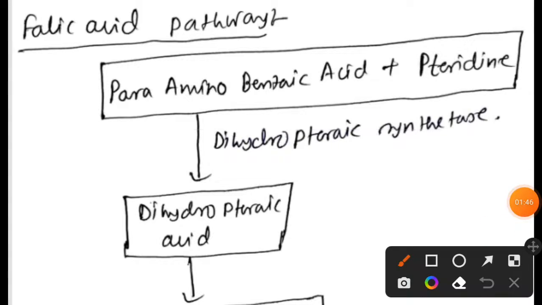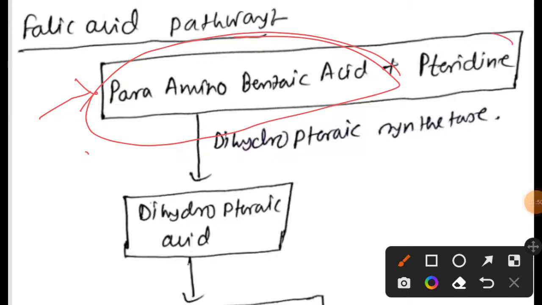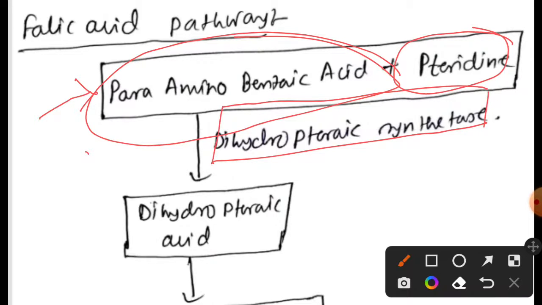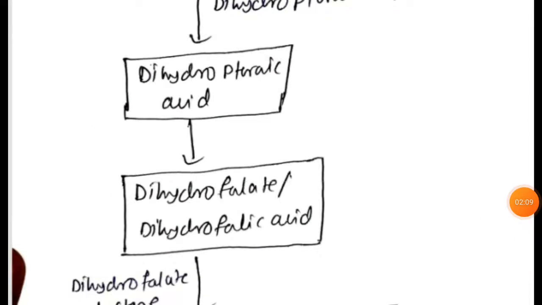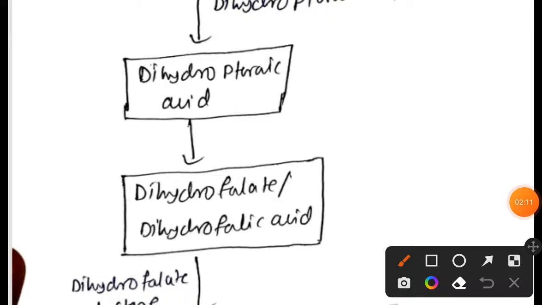The pathway starts with a reaction between para-aminobenzoic acid and pteridine in the presence of dihydropteroic synthetase. This enzyme facilitates the conversion of para-aminobenzoic acid and pteridine into dihydropteroic acid. Then this dihydropteroic acid is converted into dihydrofolate or dihydrofolic acid.